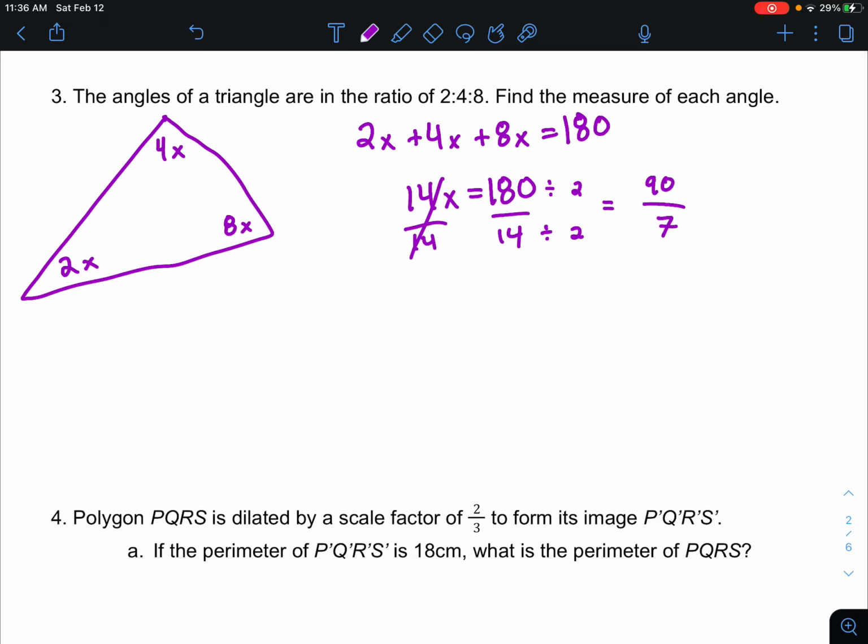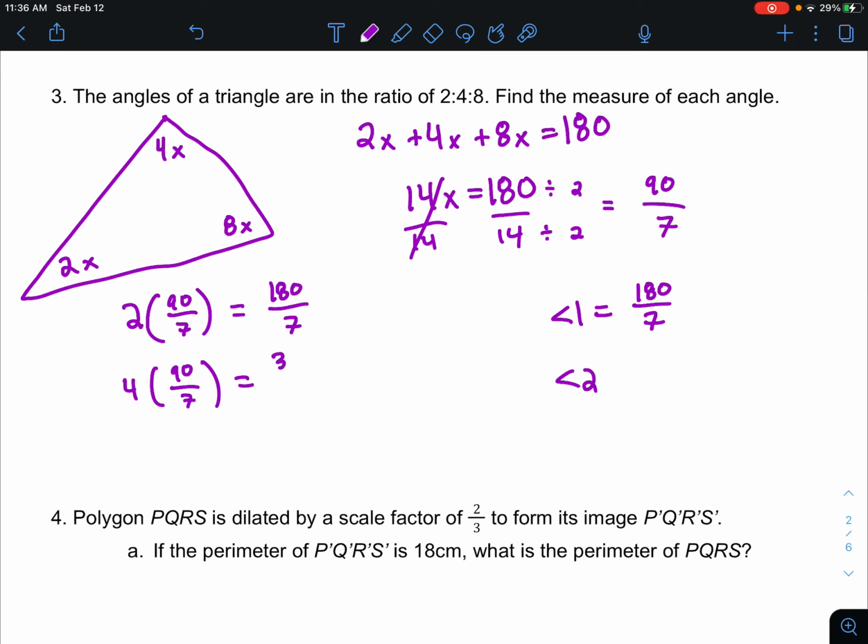So if we want to find the measure of each angle, we can substitute that back in. So for example, our 2x, we can say 2 times 90 over 7 equals 180 over 7. That would be our angle 1 expressed exactly. Angle 2 would be 4 times 90 over 7.